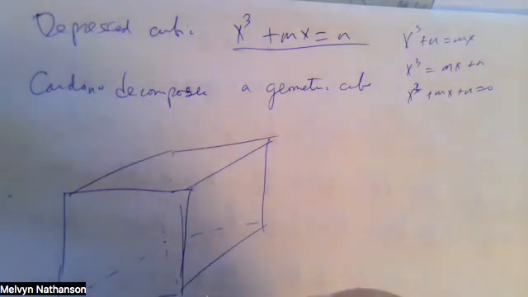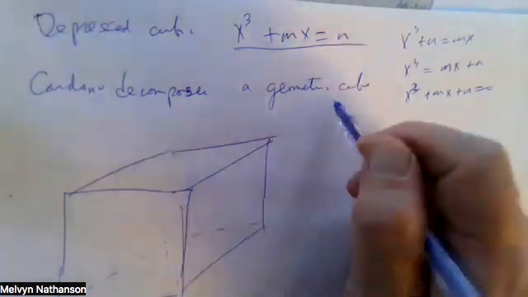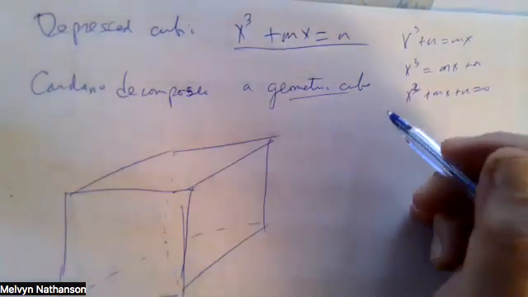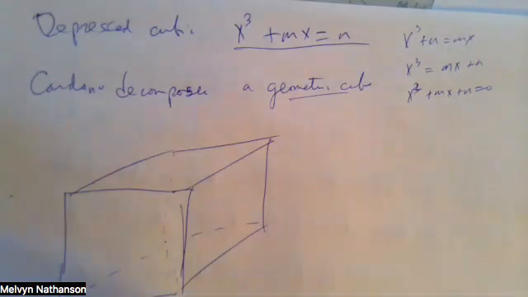So this is a cube. Okay? A geometric cube. And suppose each side has length t.